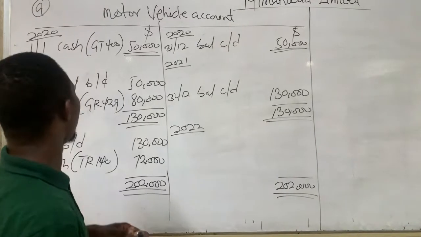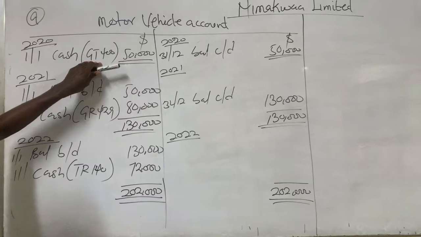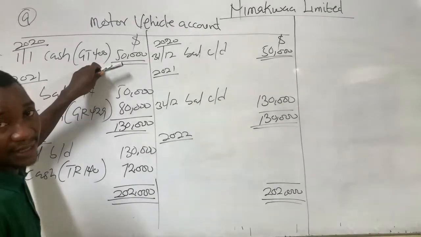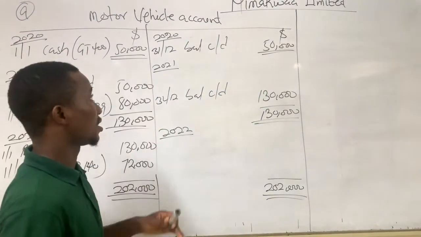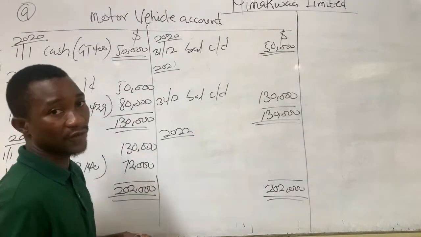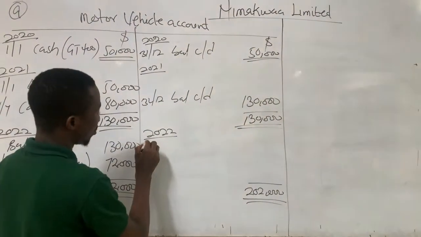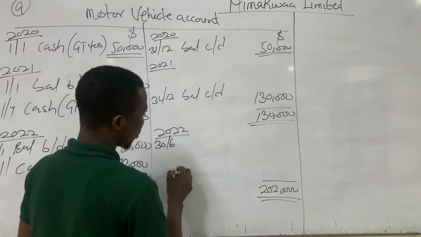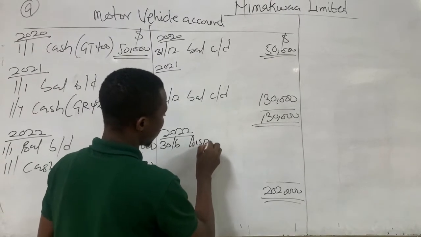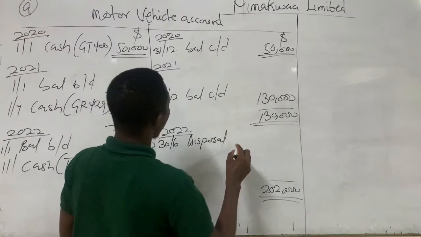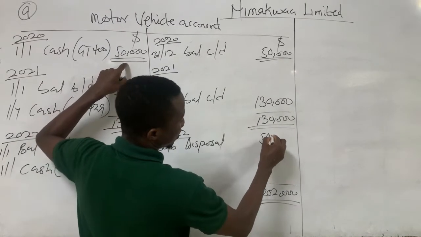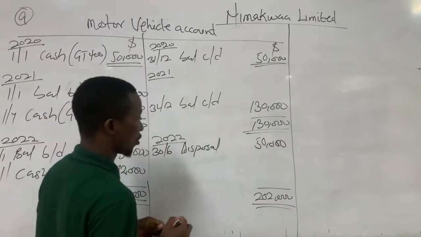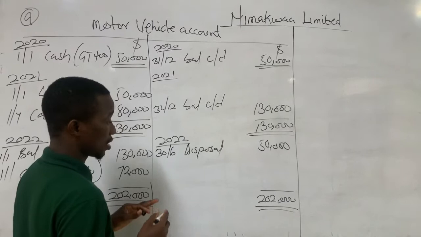But I told you anytime we dispose of an asset, we credit the asset account with the cost of the asset. So that is on 30th June, we made a disposal, and the cost of the asset is 50,000.